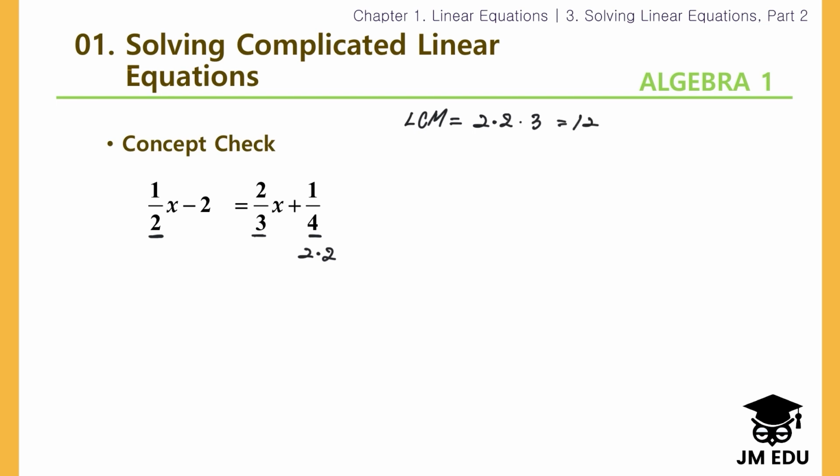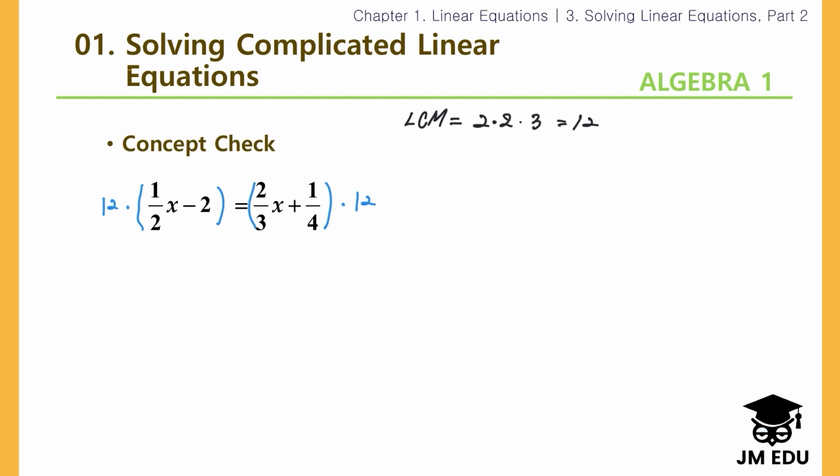So we're going to multiply each side of the equation by 12. So all of this times 12, all of this expression times 12, right? So we have this equation right here, and we're going to simplify each side.